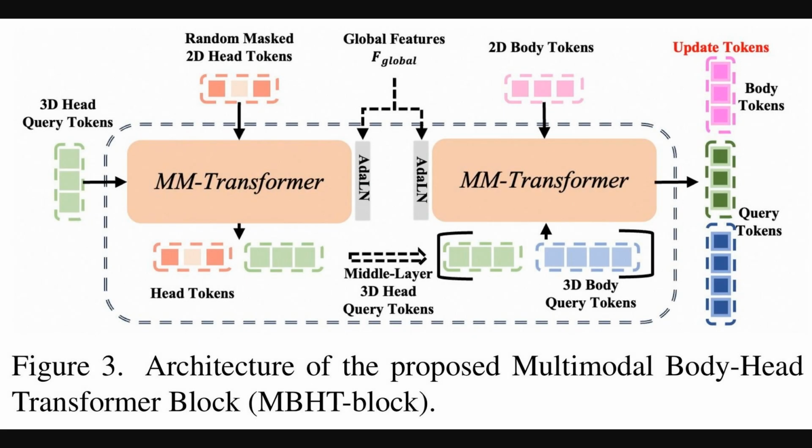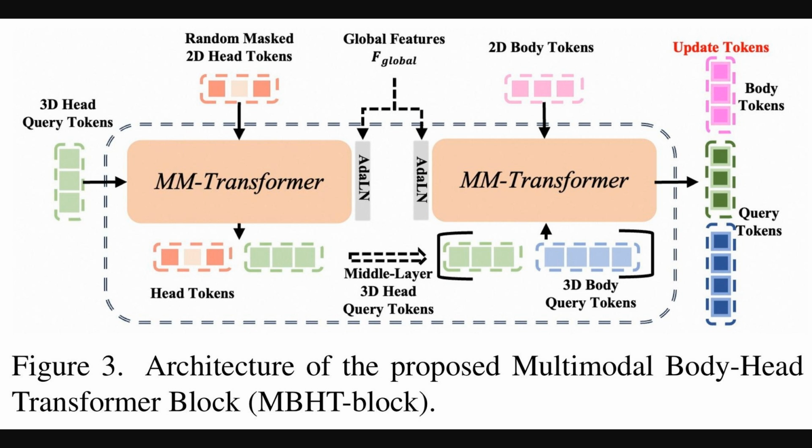Okay, so building on that overall architecture, Figure 3 zooms in even further, showing us the details of one specific component, the multimodal body-head transformer block, or MBHT block. Remember we talked about the head and body features being processed separately, then fused? Well, this block shows how.